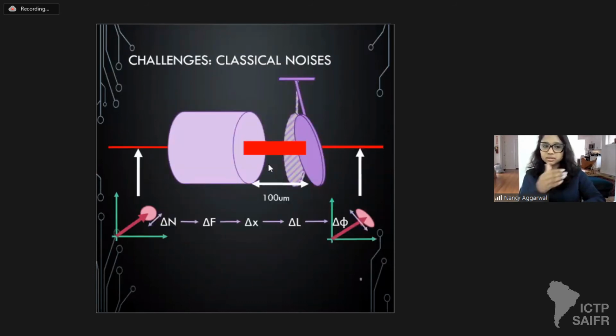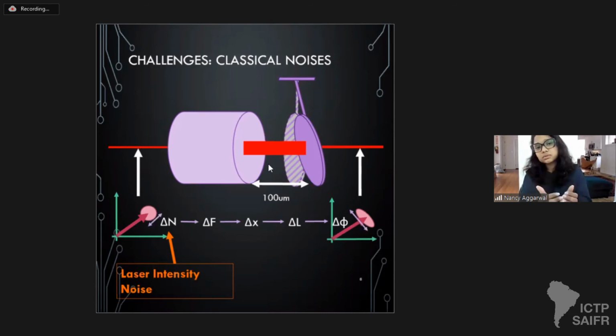Now, the problem when you try to do that is classical noises. In this nice chain of correlations that I described, we can think of classical noises entering and creating their own parallel chain of correlations, for example, thermal noise and laser intensity noise. These classical noises create their own correlation chain, which then reduces the relative importance of the quantum correlation, and that actually reduces squeezing.